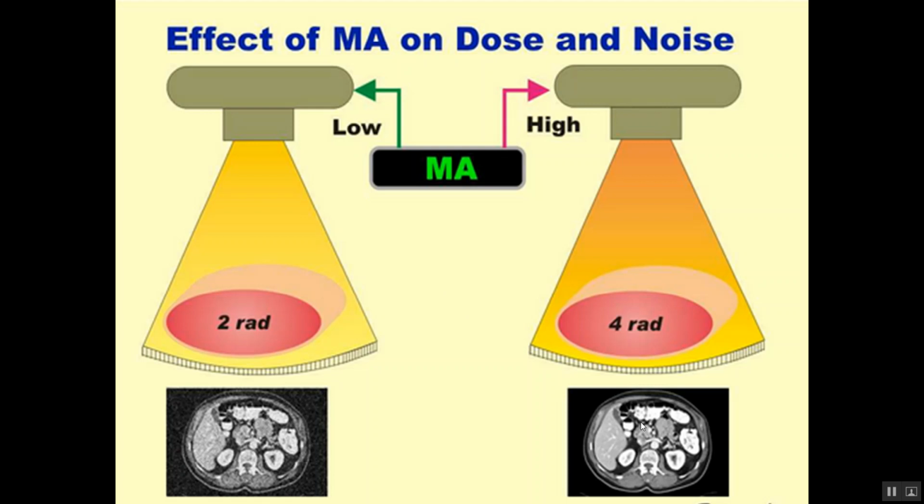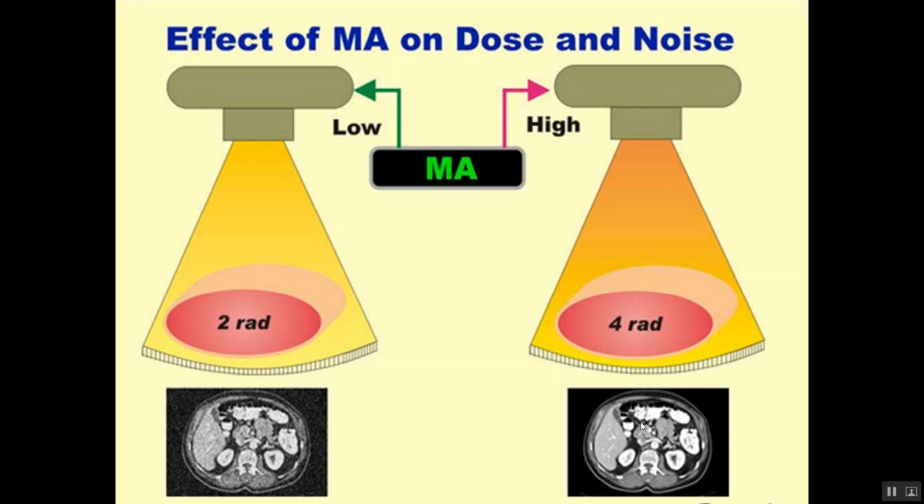So you have to select the proper milliampere for each patient. If we scan a big or fatty patient, we need to increase milliampere to a certain value. But if we scan a thin patient like me, we have to reduce the milliampere. That's important to select, especially in child cases.